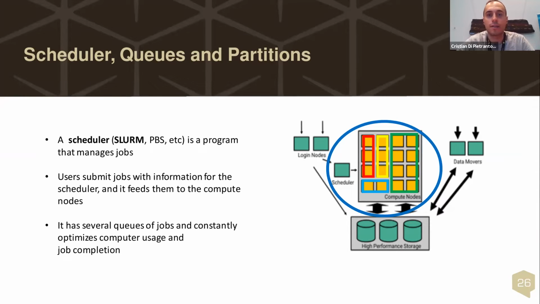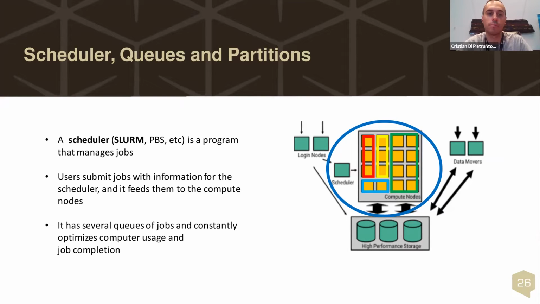From the user side, there is the so-called job preparation. The user selects the program to run and describes the resources needed to do so. Then the user gives this information to the scheduler through a script that we call a batch script or job script. On the scheduler side, we have many scripts or many jobs to be run.